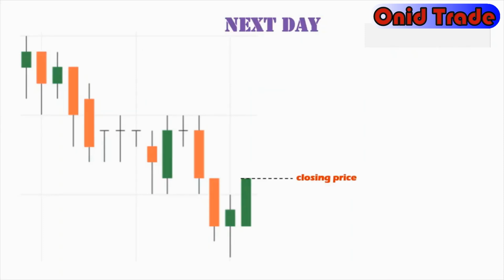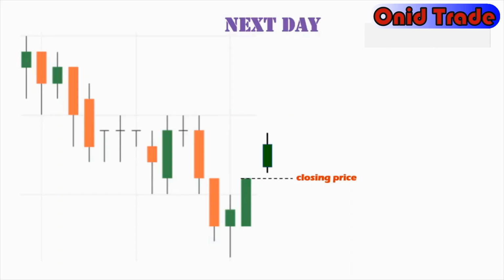And the next day, we will try to place the order around the closing price of the previous day's Marubozu candle. But the advantage of placing it the next day is that you can observe whether the next day's candle is forming above the closing price or below the closing price. Means there are two chances.